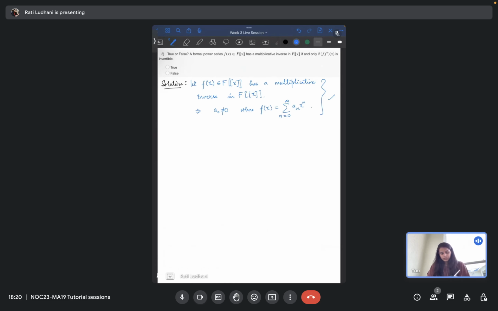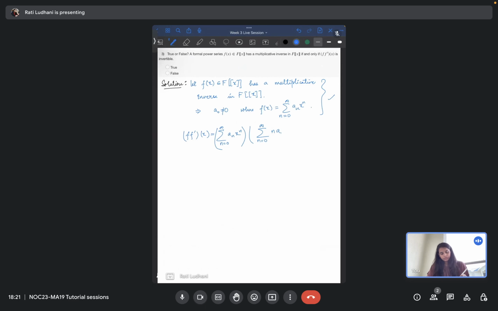So first thing is, what is f'(x)? This is something of the form, so this is like the sum of an x raised to power n, from n equal to 0 to infinity, and you are basically multiplying with the derivative.